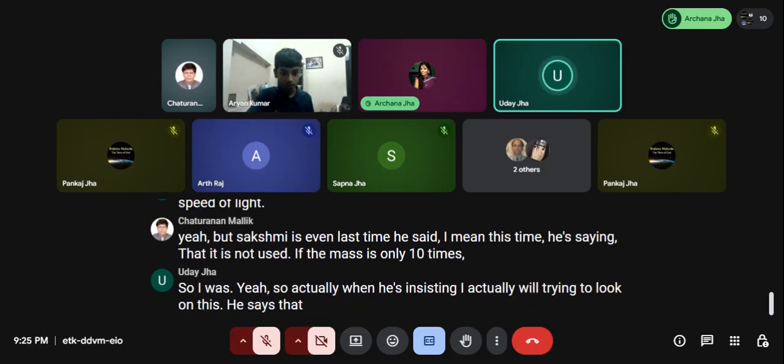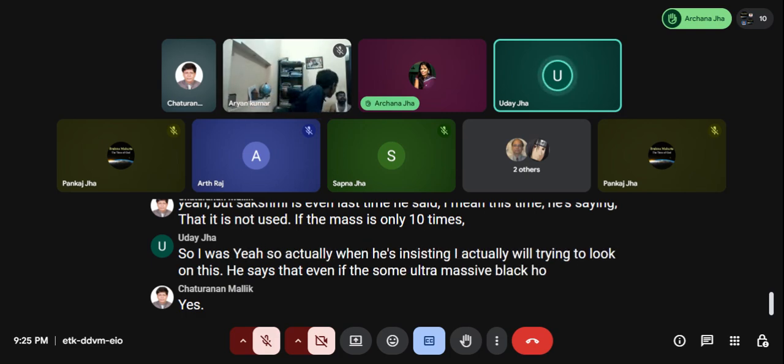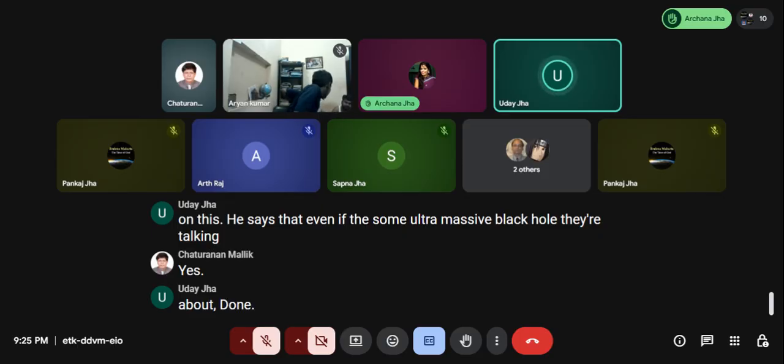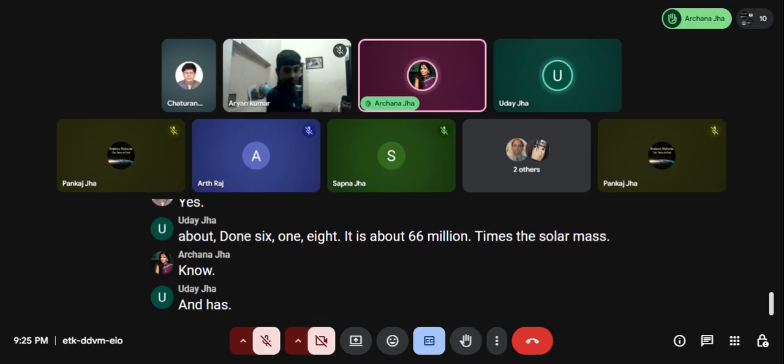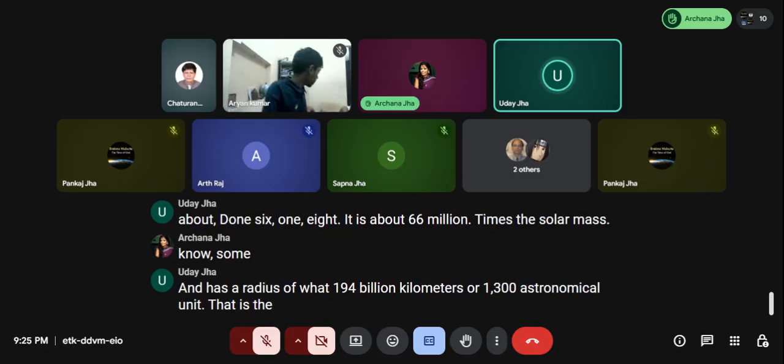Even for some ultra massive black hole they're talking about, 10618, it is about 66 million times the solar mass and has a radius of 194 billion kilometers or 1300 astronomical units, which is the distance between the Sun and Earth.